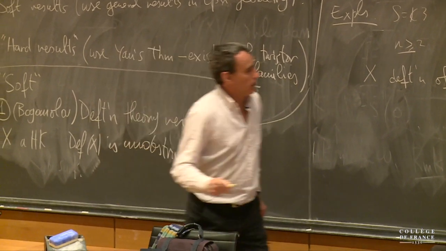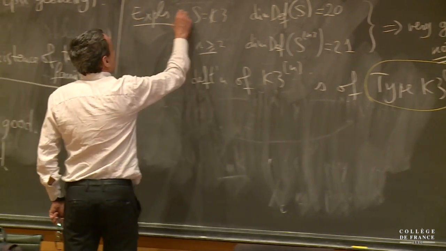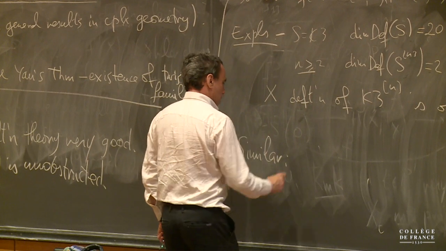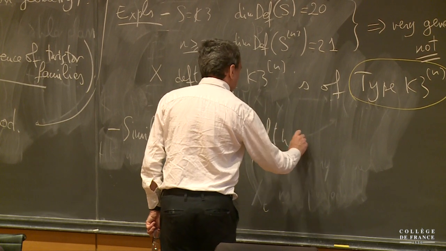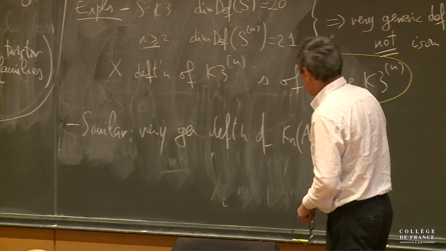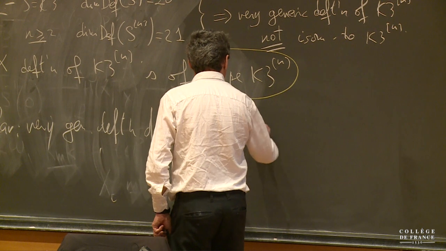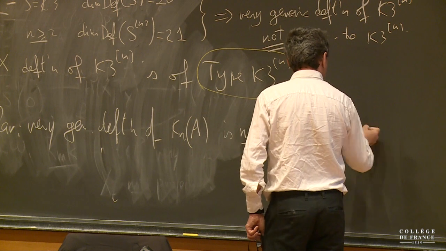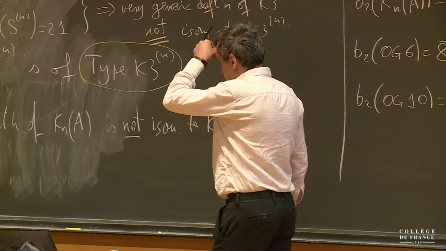And then if we do a similar computation, a very generic deformation of a generalized Kummer, this is a generalized Kummer I didn't mention, but this is called a generalized Kummer, is not isomorphic to a generalized Kummer.